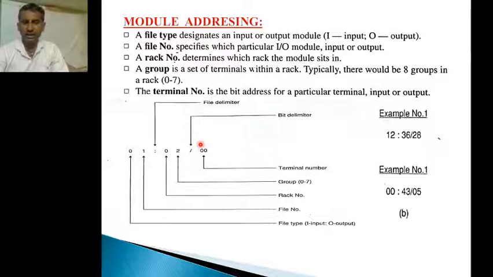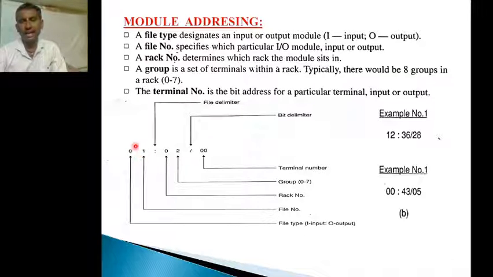Here the first one is the file type. File type means whether that file is an input module file or an output module file. So whether the module is an input module or output module can be decided by the file type representation. Here O means output and I means input, or 0 means input and 1 means output.